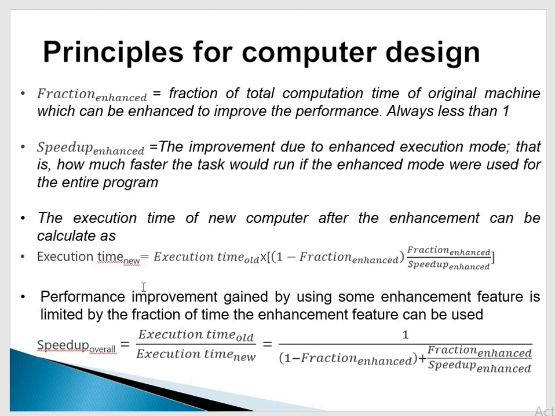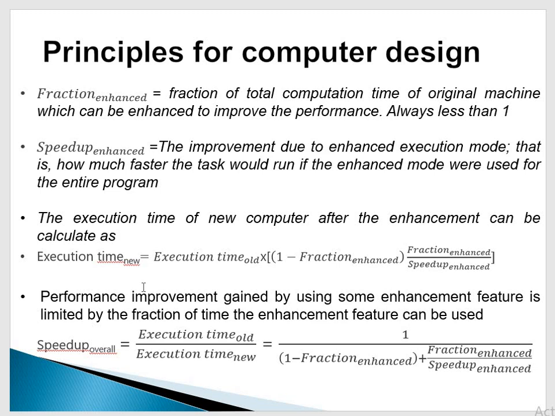So the designer will try to improve a fraction of the total computation time of that particular machine. What is the amount of fraction we are going to enhance out of the total computational time of the original machine? That is called the fraction enhanced. So it will always be less than 1.